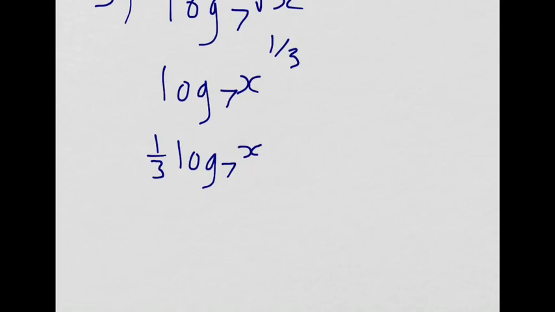Okay, let's do another one here. Let's try C, which says the log of 1 over x squared base 6. And we want to rewrite that so that x has an exponent of positive 1. Any ideas for what we could do?